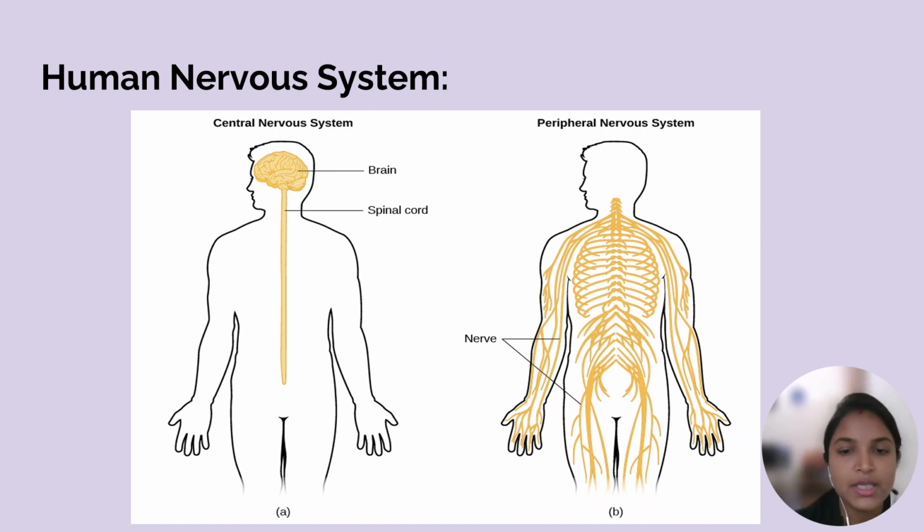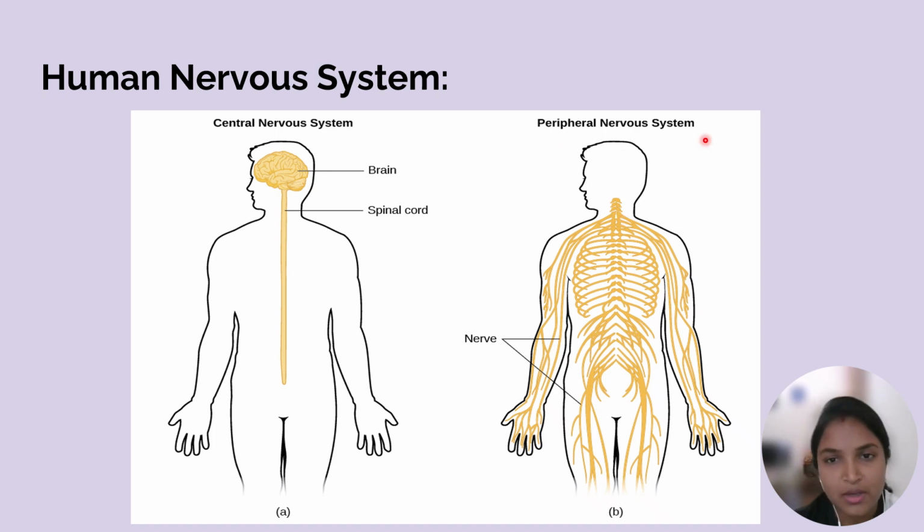All of these are controlled by the nervous system, which is divided into the central nervous system and the peripheral nervous system. The central nervous system lies in the mid dorsal part of the body. It consists of the brain and the spinal cord. Only these two parts come under the central nervous system.